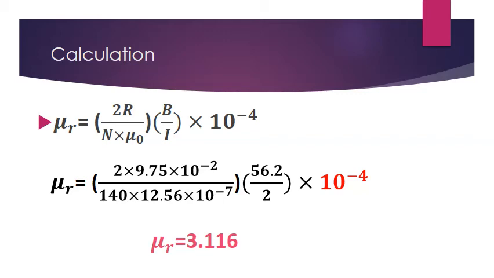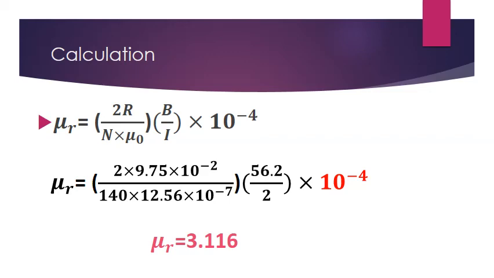Here r is the radius of the primary coil, so mu r is equal to 2 into 9.75 into 10 raised to power minus 2 divided by 140 into 12.56 into 10 raised to power minus 7 into 56.2 divided by 2 into 10 raised to power minus 4. The obtained value of mu r is 3.116. This is the relative permeability of the material in the core of this coil.